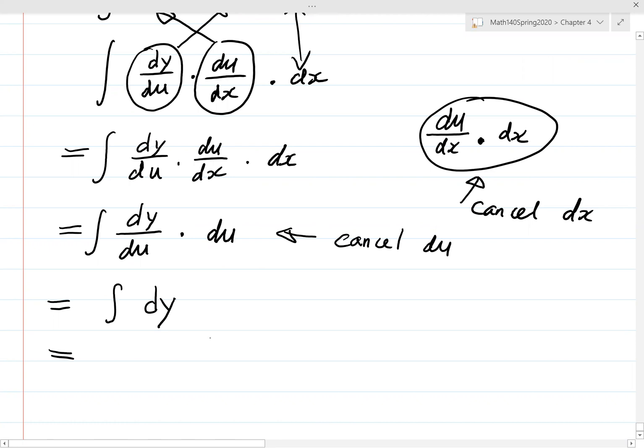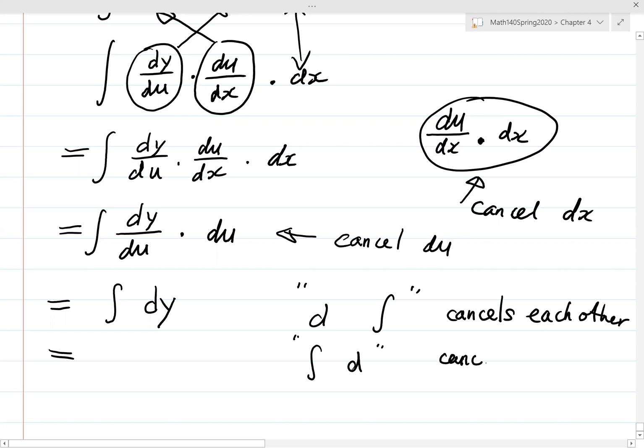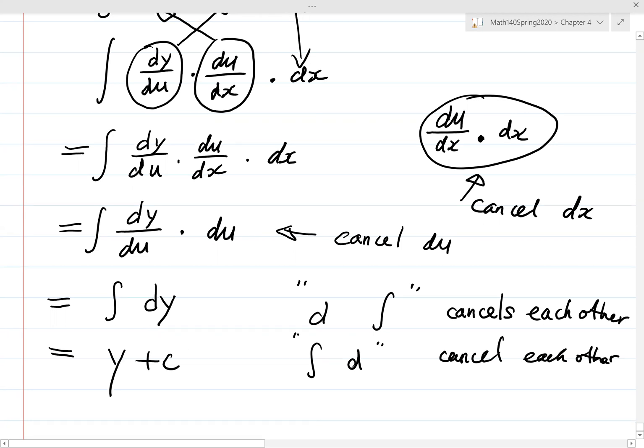Now finally, the d and the integral sign cancel each other. They are inverses, so they cancel each other up to a constant. If you cross out the d and the integral, you get y plus constant c. What is y?